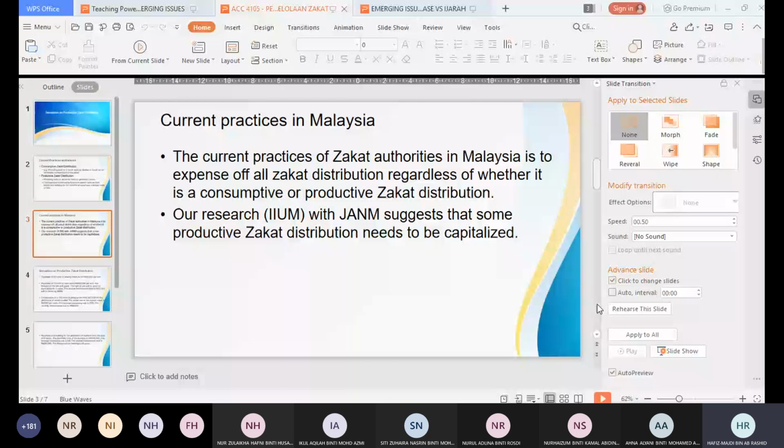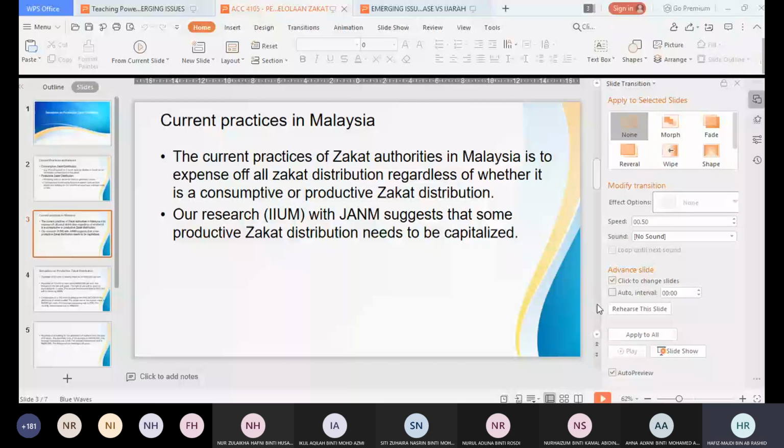What is the problem? If you expense off productive zakat distribution, what do you think is the problem? Now, all zakat distribution, whether consumptive or productive, is always debit expense, credit cash.